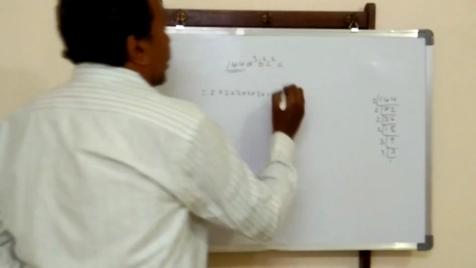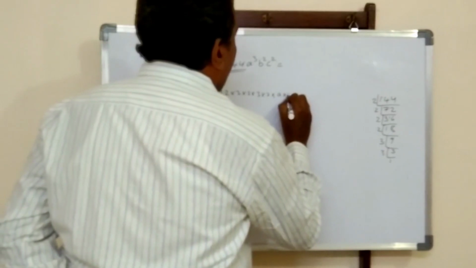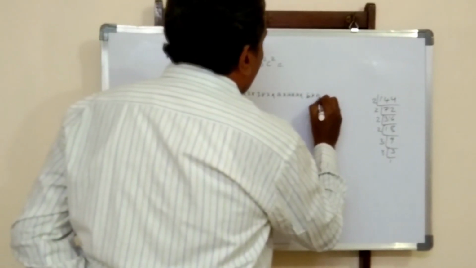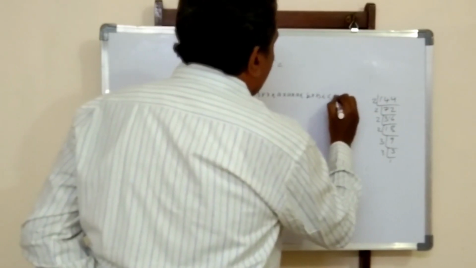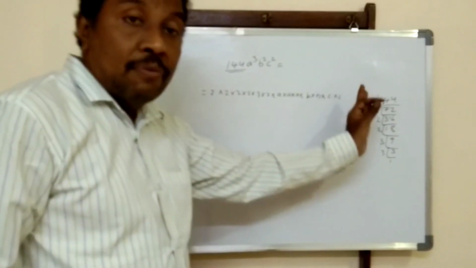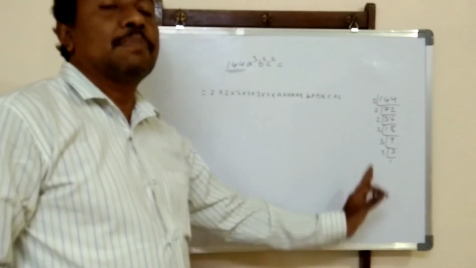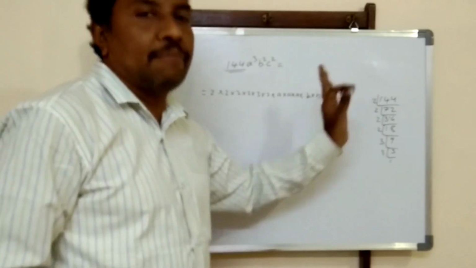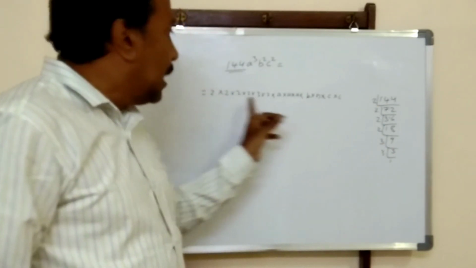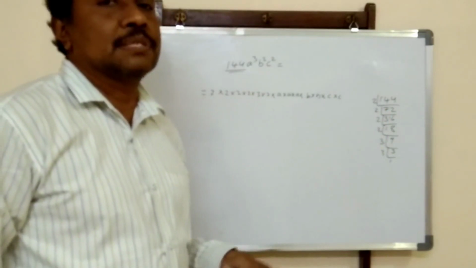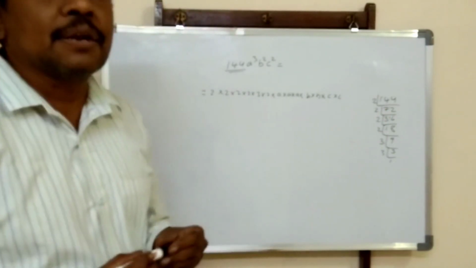Into a cube, a into a into a, into b square, b into b, into c square, c into c. Like this, we have to factorize the numerical coefficient, that means expressing it as the product of prime factors, and then expand the literal coefficients.